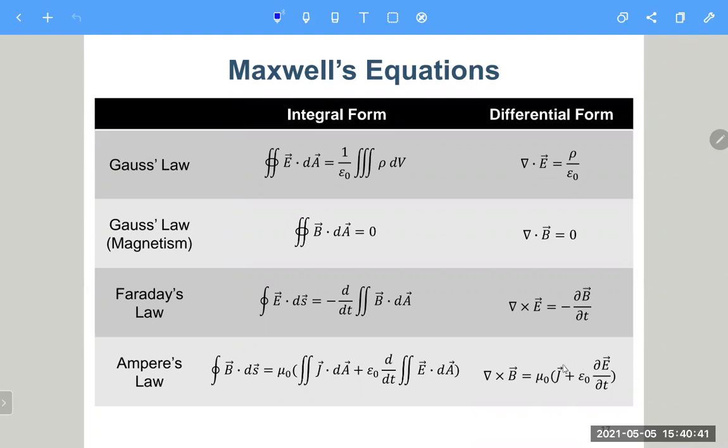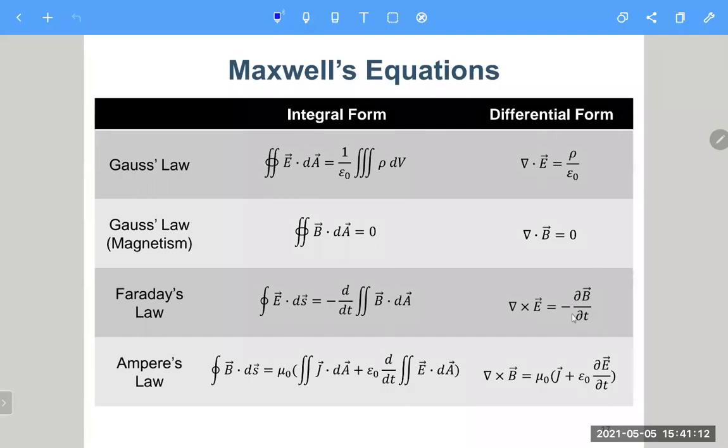The differential form is more useful than the integral form, because with the integral form you can only calculate some symmetric structures, and even calculating the whole surface integral is not so useful, because usually what you are concerned with is the electric field at a specific point.